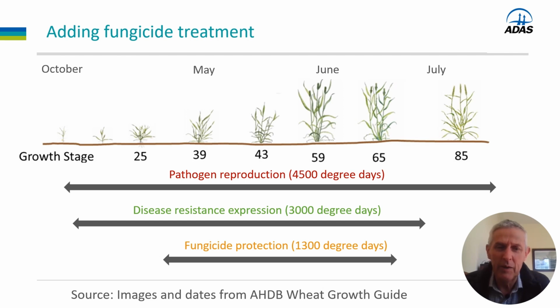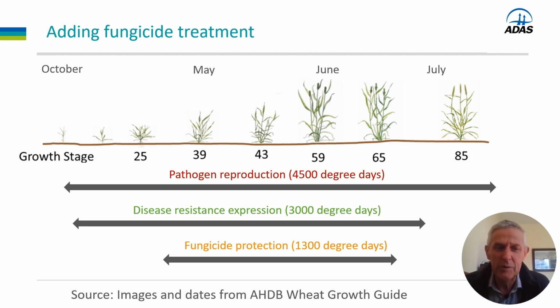And when we look at that, what we can see is that the period of fungicide protection is typically somewhere less than half of the period during which the disease resistance gene is being expressed. So the selection pressure for virulence is expressed for perhaps most of the season, about 3,000 degree days, whereas the benefit of fungicide reducing that selection is only occurring for perhaps less than half of that time, which limits the benefit to a considerable extent.